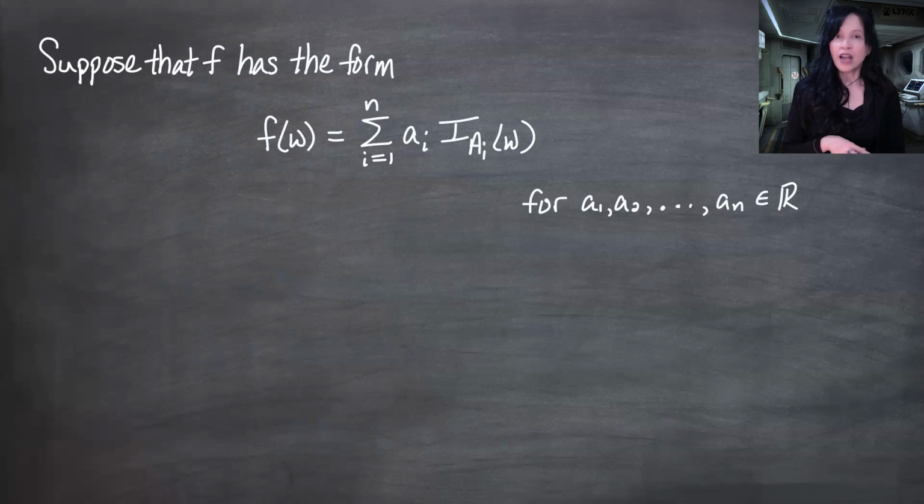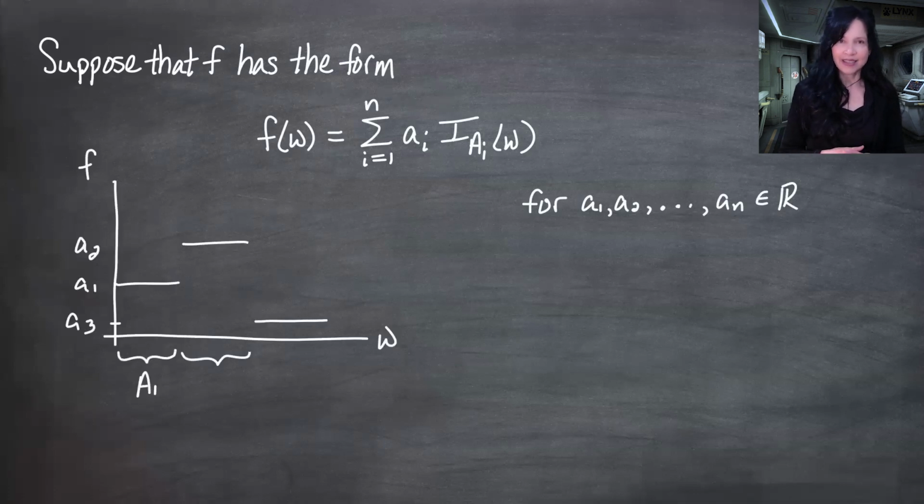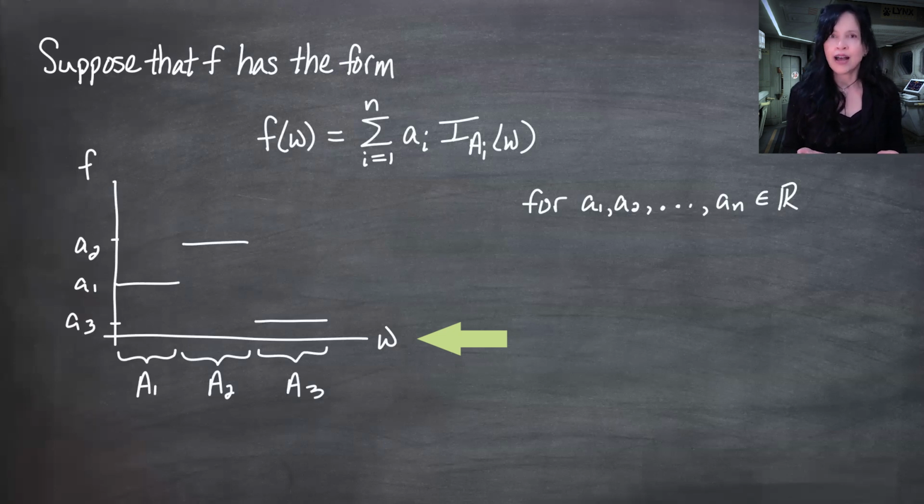Now I'm going to draw an over-idealized version of this step function here, which looks like this for n equals 3. So n equals 3, that's pretty ideal. But what's really over-idealized is the fact that this is my omega axis, and I'm making it look like it's a real axis. It doesn't even need to be numerical. Remember when omega consisted of coin toss outcomes like heads, heads, tails, and tails, heads, tails?